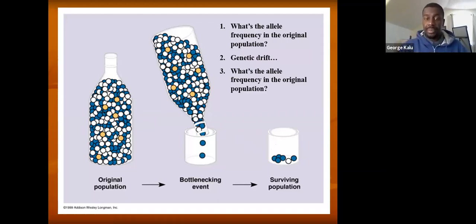The survivors now become the entirety of your population. Again, we end up losing a significant amount of our genetic diversity compared to what we initially had at the beginning. So our allele frequencies change dramatically, and our genetic diversity drops significantly.